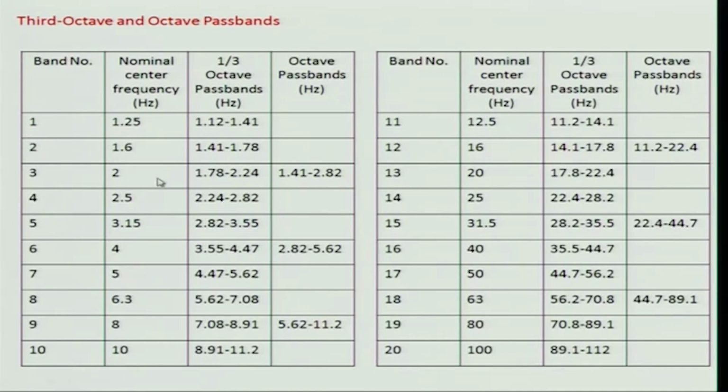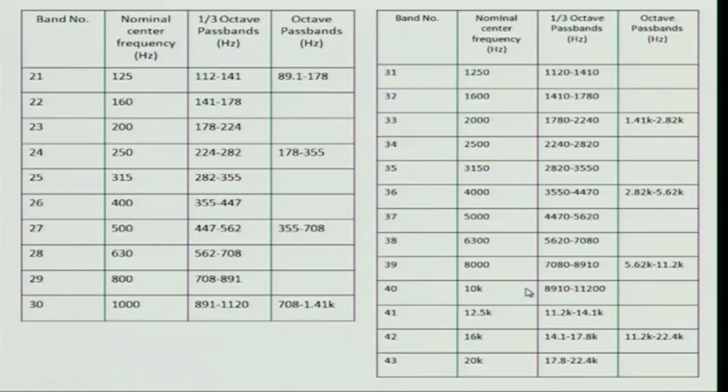Band number is all you want, and then you can calculate everything in this table. Then of course you have to round it off to meet some practicality considerations. You can go up till 20,000 hertz, and there are a total of 43 plus the first 1/3 octave band, which was number 0, so a total of 44 1/3 octave bands in the whole system.